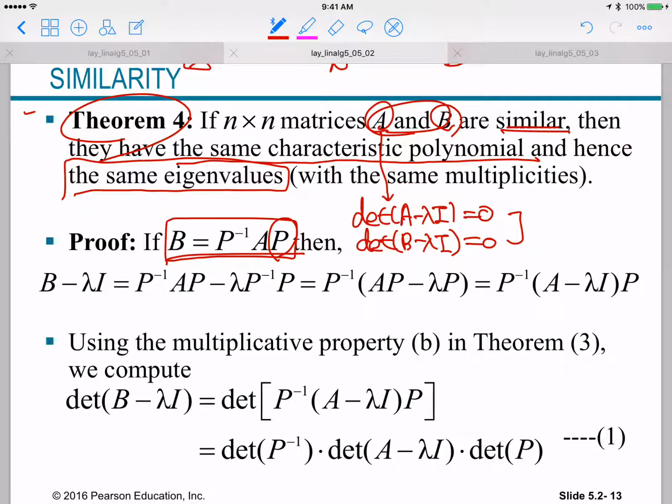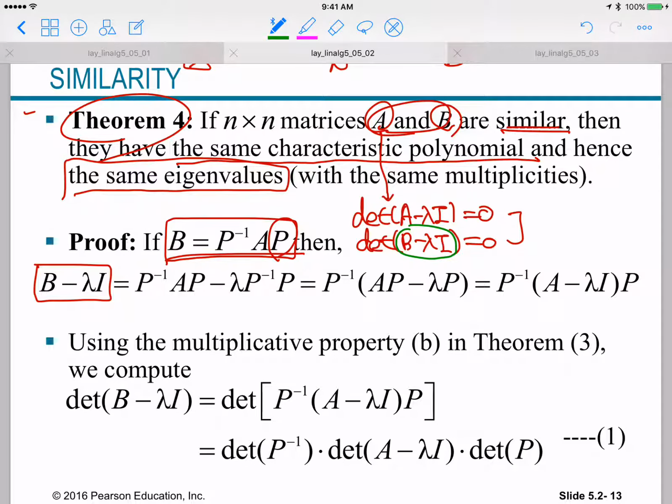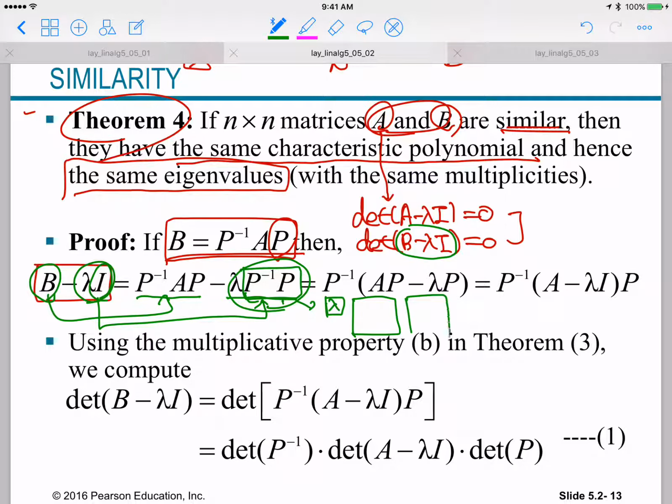Let's start with B minus lambda I. B is the same as this, and for lambda I we do one trick of changing the identity matrix into P inverse P, so you can factor P inverse out. So far so good, right?